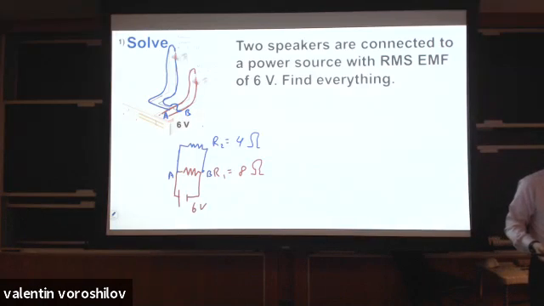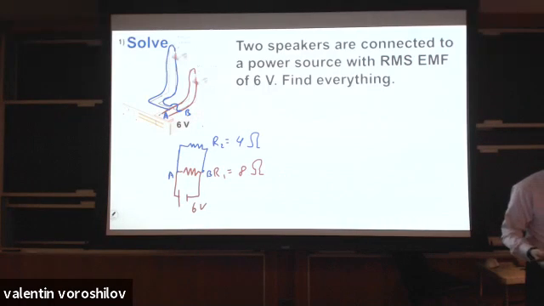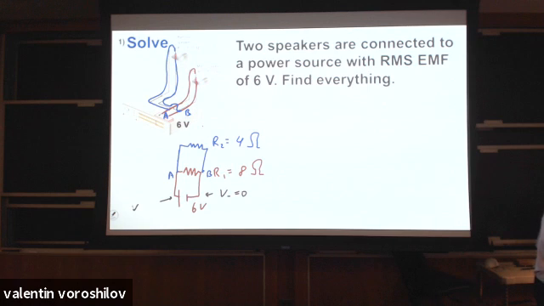Now, analyzing the potential is a very simple action here. We set this potential to 0. This potential V plus will be equal to 0 plus 6 volts. And also the potential here is the same as 6.